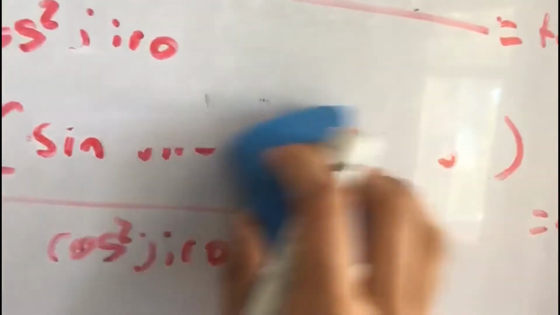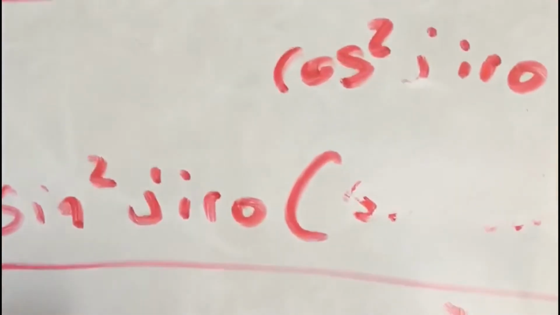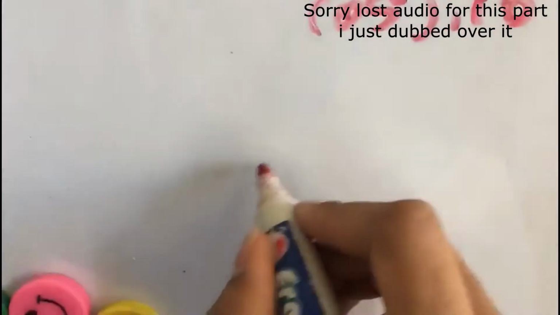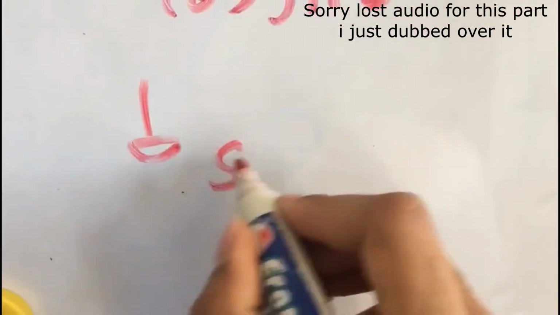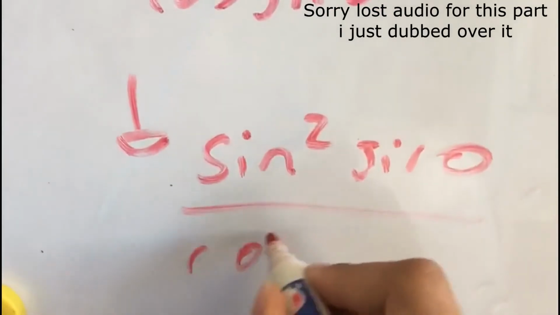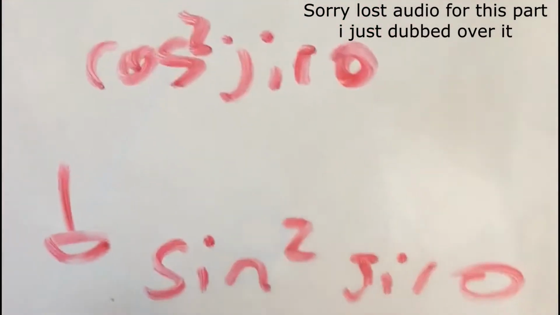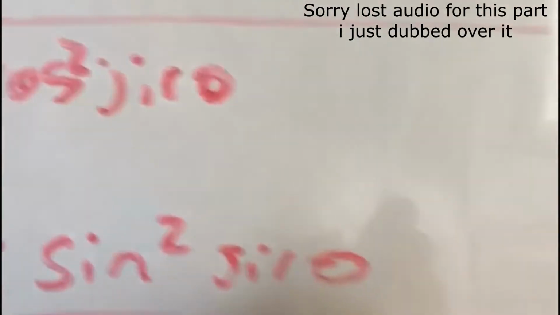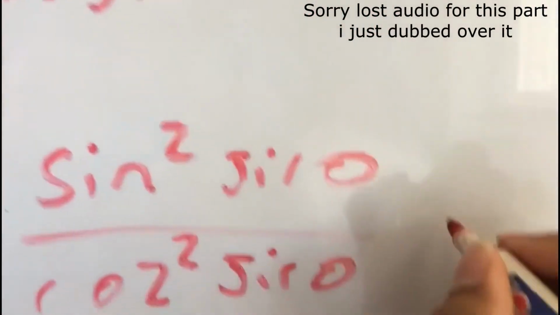And that would mean the top half of the fraction is just sin squared Jiro, because anything multiplied by 1 is just itself, so I can rewrite the whole fraction as sin squared Jiro over cos squared Jiro, or sin Jiro squared over cos Jiro squared. You can say it either way, equal to tan squared Jiro.